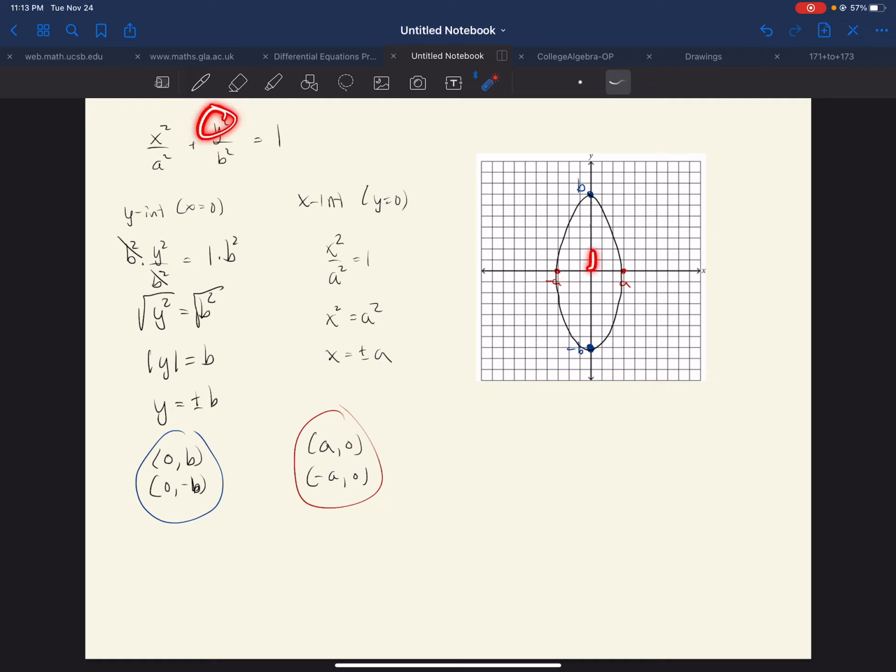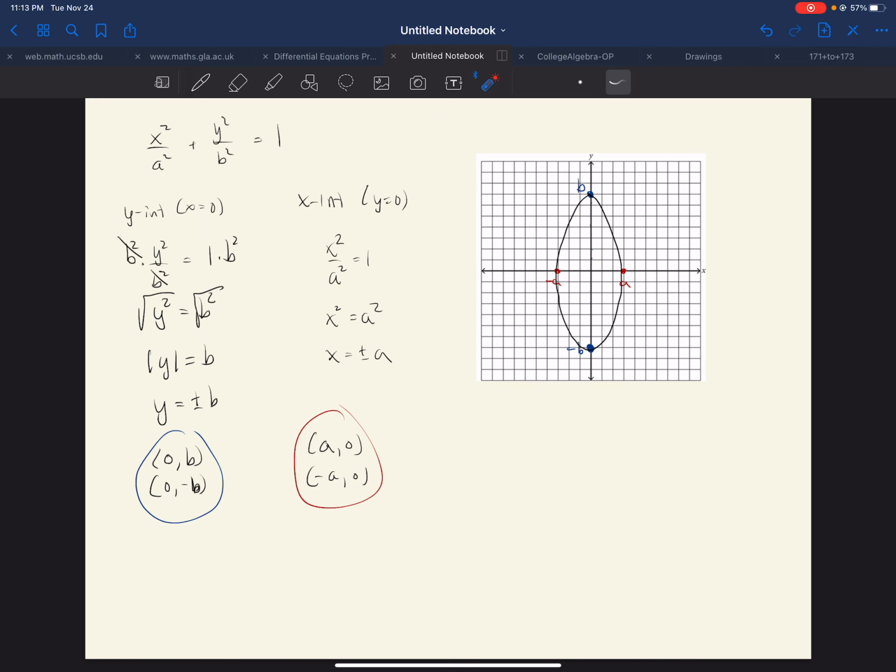Now, the y is our up-down variable, so you look under the y and square root that, and you get b, and since y is up-down, you're going to go up b and down b, and put your points in there. So it really is just left and right a, up and down b, and then you just graph it in, and there you have it.